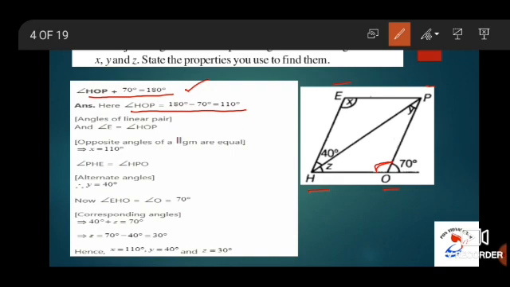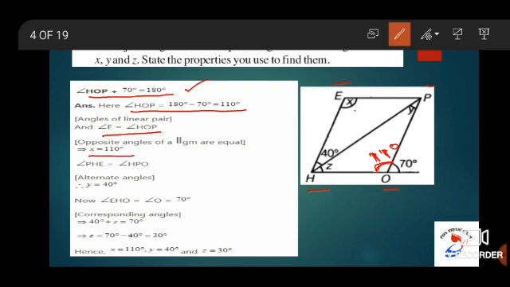Now it is angle E and angle HOP, this angle we have found out as 110. Yes or no? It is 110. So angle HOP is equal to angle E because they both are opposite angles of parallelogram. So we can conclude the value for X is 110 degree.